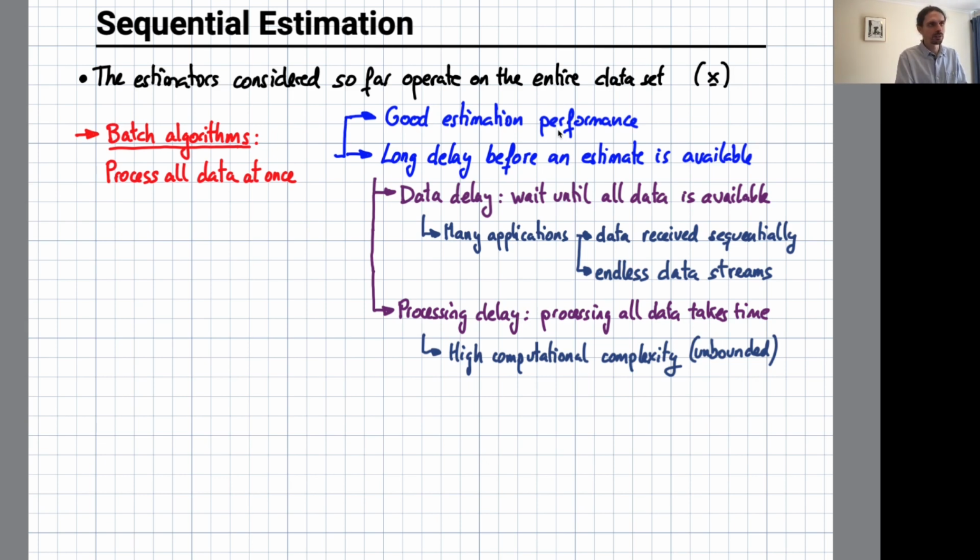Think, for example, of the LMMSE estimator. It involves the inversion of the covariance matrix of the data, right? So this matrix is number of samples by number of samples. So if we have 1 million samples, then that inversion is in practice impossible to compute.